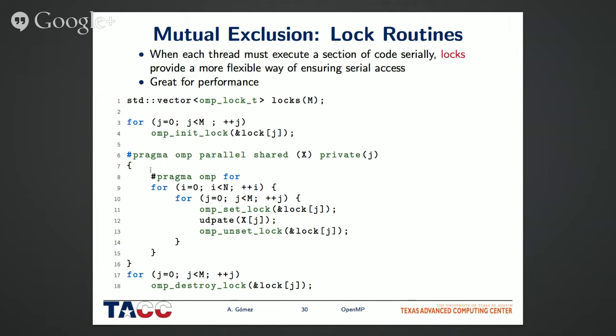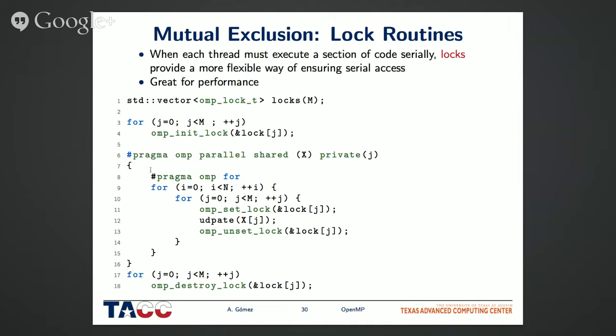And imagine that you are working on vectors, on arrays, and you have chunks of those arrays, and you know that one thread is only going to be working in one section of the array, or in this iteration it's only accessing one element of the array, while other threads can be accessing other elements of the array. In that case, those two threads are independent. But if you create a critical section, they have to wait.